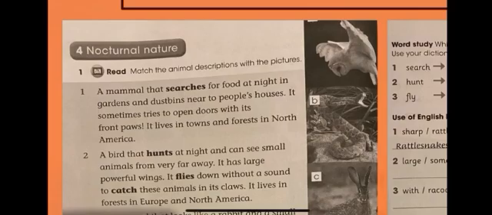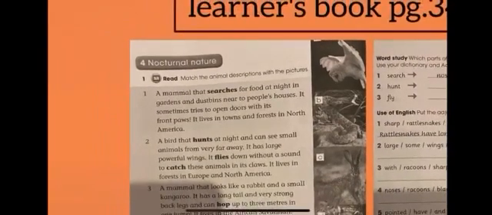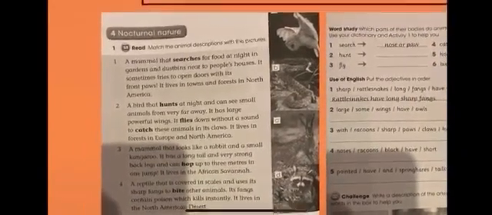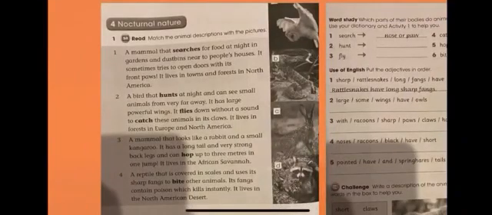Before reading these descriptions, let me tell you there are 4 pictures of different animals given here: an owl, a rattlesnake, a spring hare and a raccoon. You just have to see which description is for which animal.